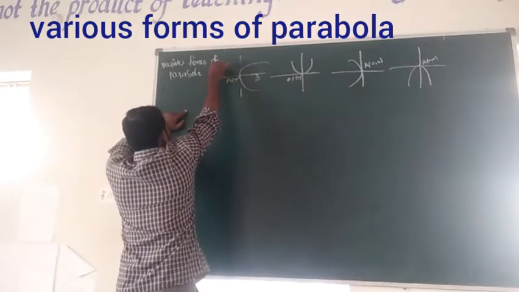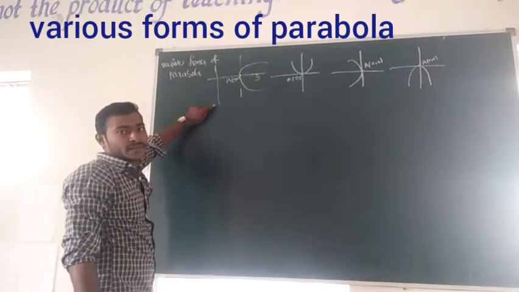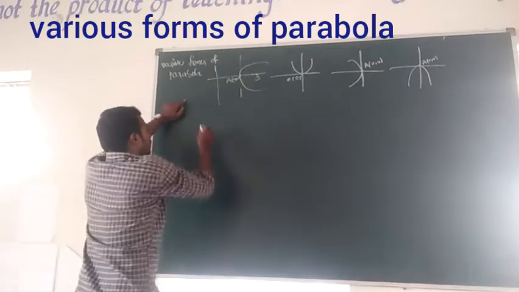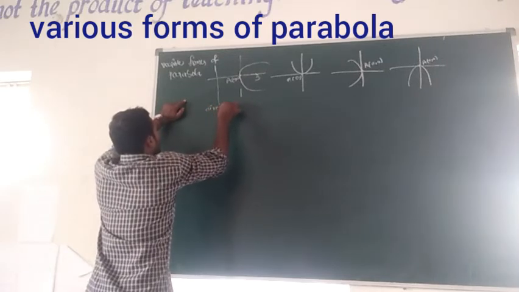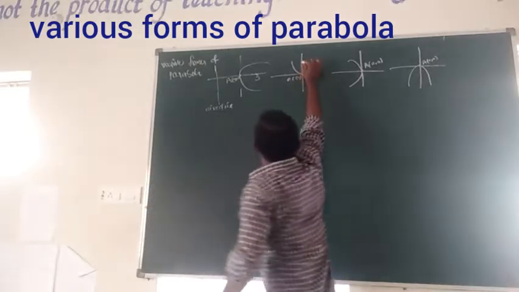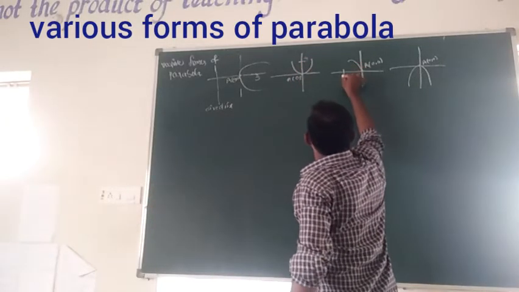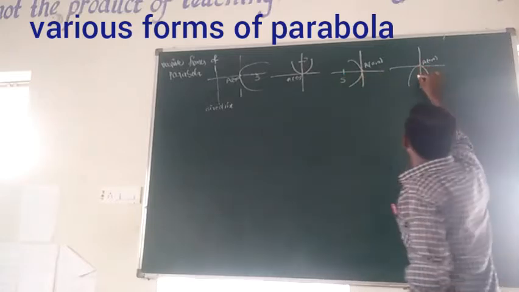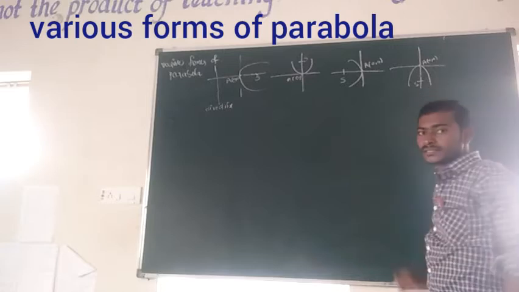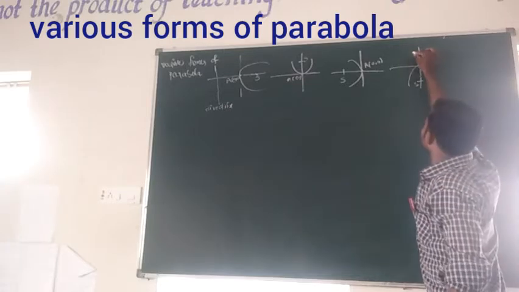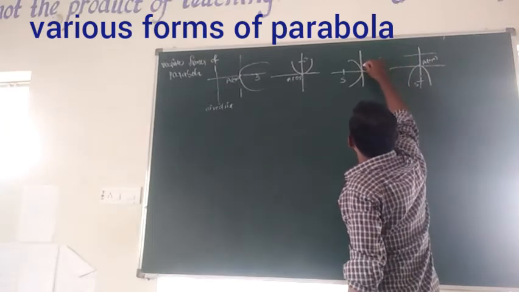The line outside the curve is called the directrix. This line is called the directrix, and here also the focus is S, and here also focus S. Outside of the curve, the line is nothing but the directrix.